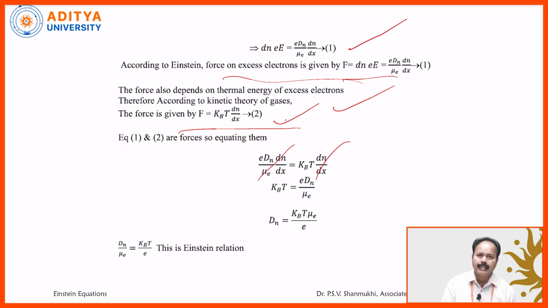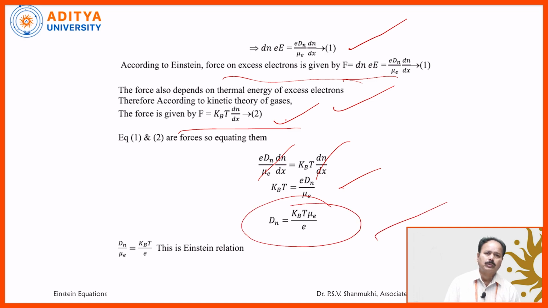You get kBT is equal to E Dn by mu E, or Dn is equal to kT mu E by E. This is the diffusion coefficient due to electrons, or else we can write Dn by mu E is equal to kBT by E. This is one Einstein relation.